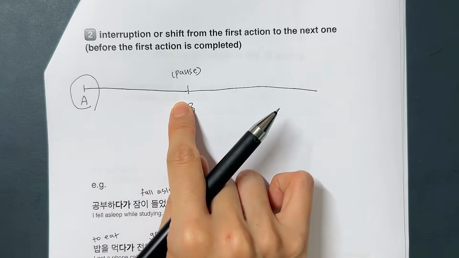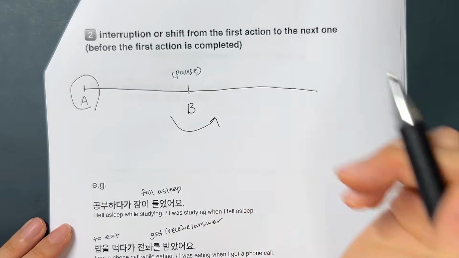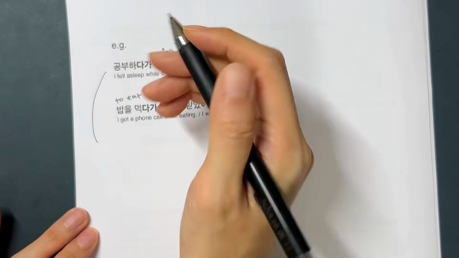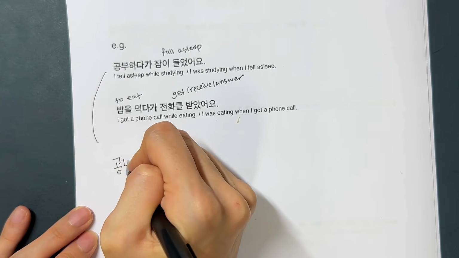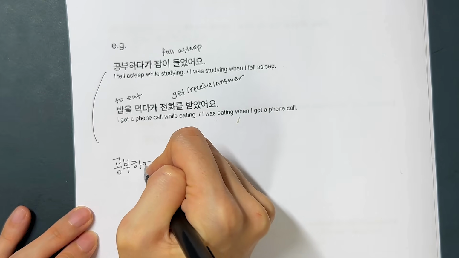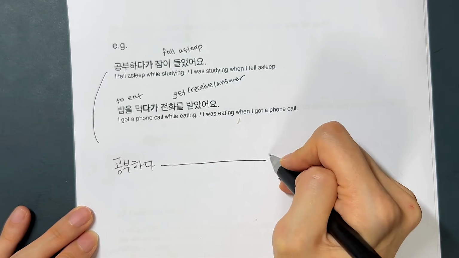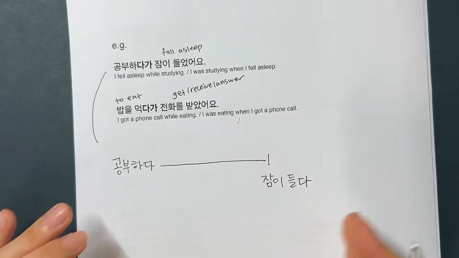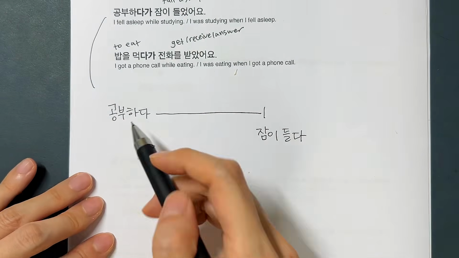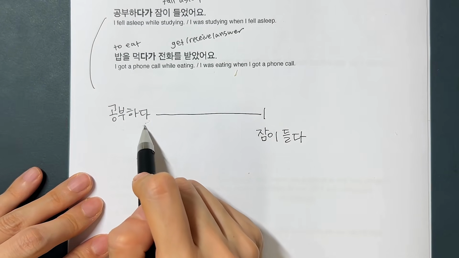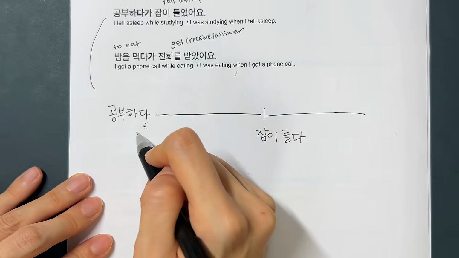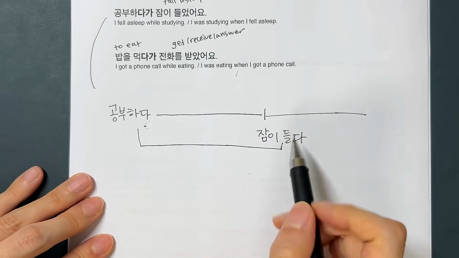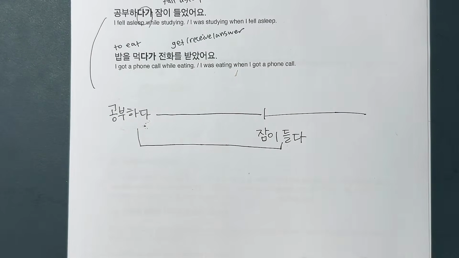It gets interrupted and transitions into the next. For example, let's say you are studying, 공부하다, and then you fall asleep. When you fall asleep, you can no longer continue studying, right? This action inevitably gets interrupted. So in this case, you can naturally connect these two actions using 다가.